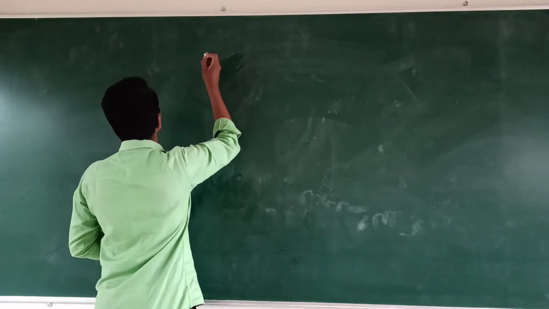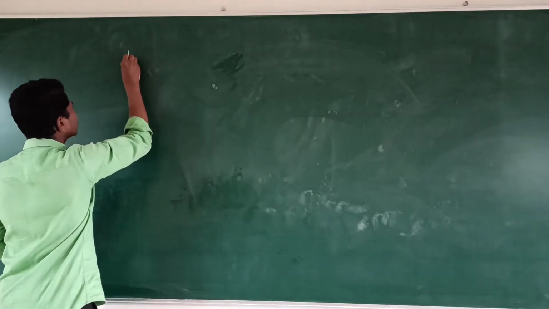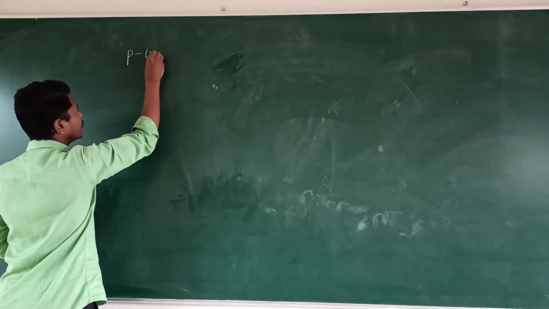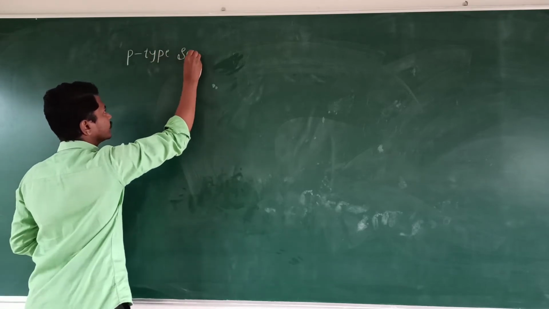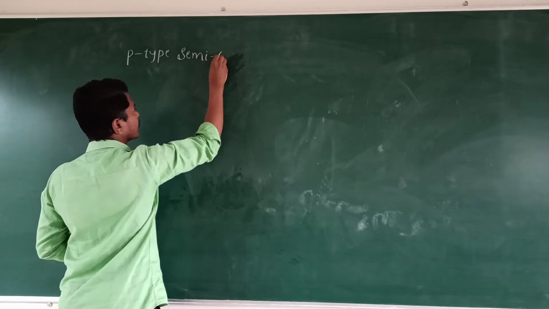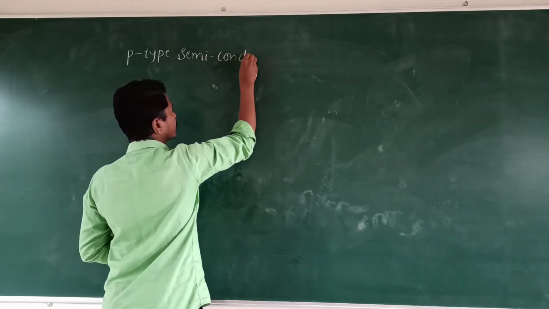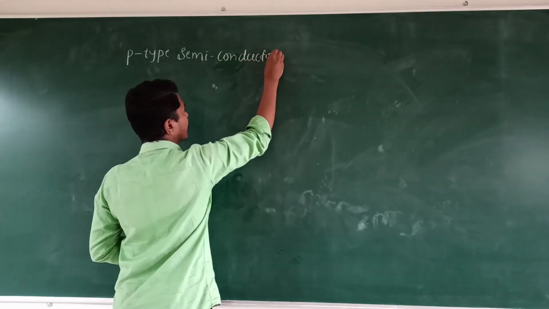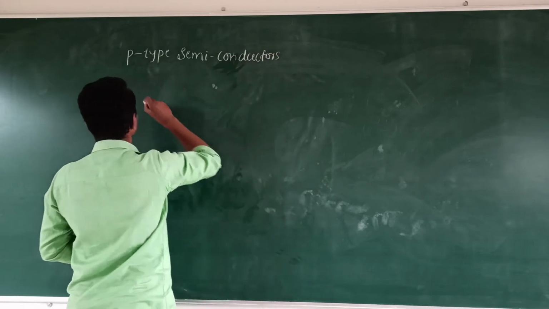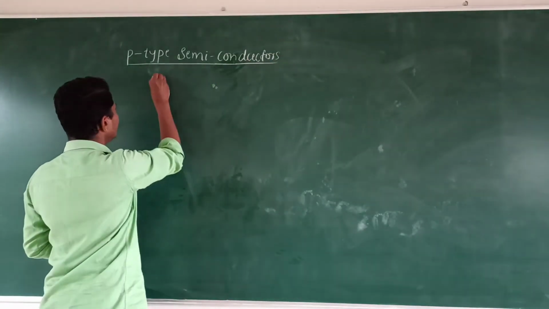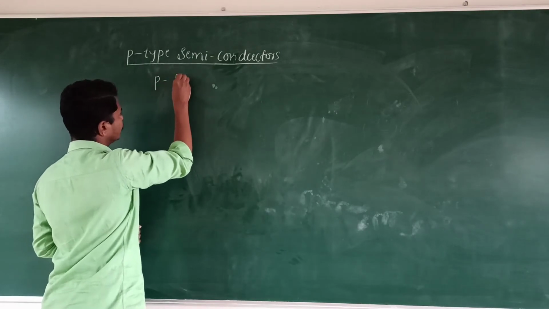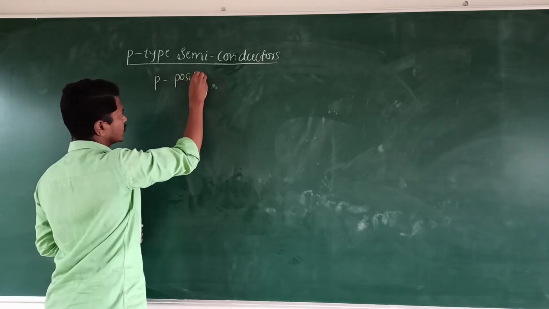Now we are studying the P-type semiconductor. In a P-type semiconductor, P means positive.